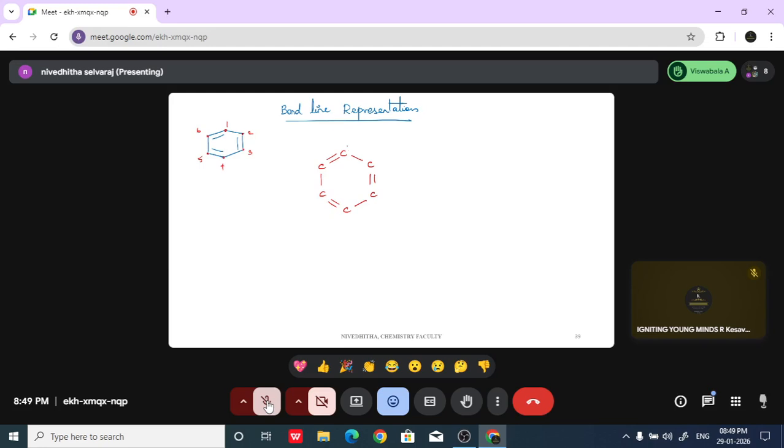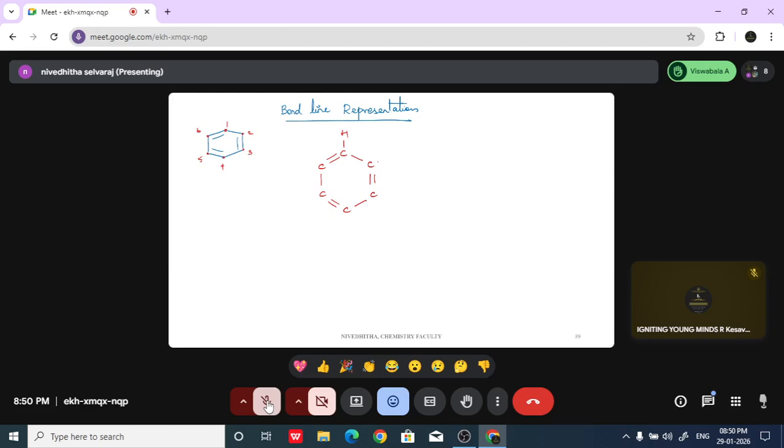Already we have 3, so the fourth bond should be connected with a hydrogen atom. Why hydrogen? In bond line representation, there is no mention of any atom, which means the carbon's valency was satisfied with hydrogen. If it was satisfied with any other atom, they would have represented that.